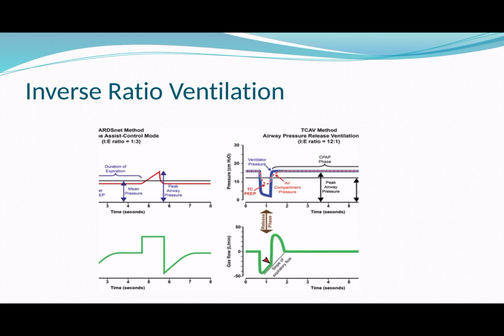You know that intuitively because when you take a breath in and then you breathe out, generally speaking, your breath out takes a little bit longer than the breath in. In inverse ratio ventilation, what you do is you flip it such that your breath in takes longer than your breath out. And that's what APRV does. You're taking a long time at a high pressure and then a very short time at a low pressure to release the gas out.